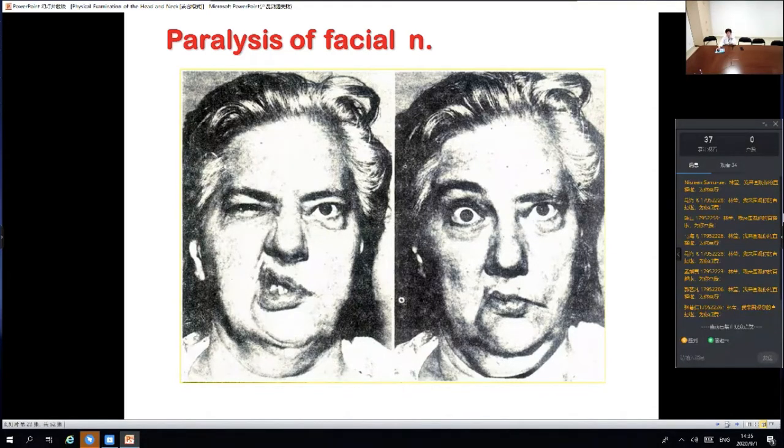For the normal time, the patient has a shallow nasolabial fold here, but when you ask the patients to show the teeth, it shows more dramatically the disappearance of the nasolabial fold. So this is the indication of the paralysis of the left facial nerve.